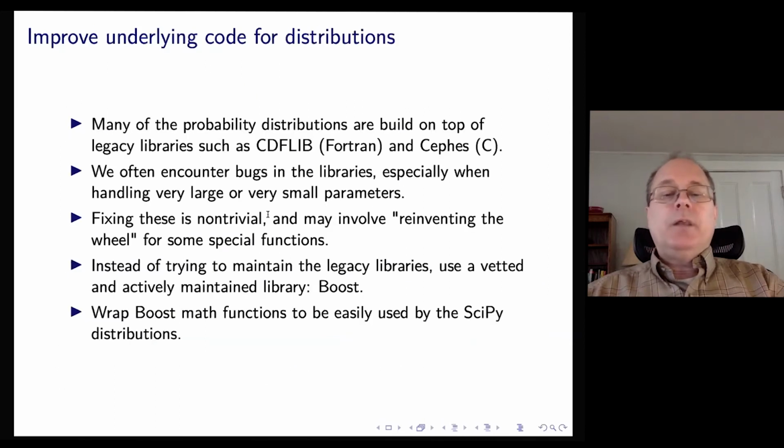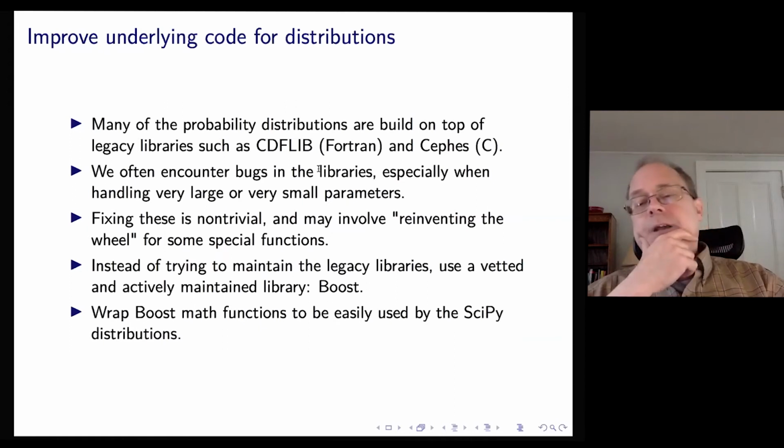One more important thing that we're working on: a lot of the functions in SciPy are built on special functions, and the SciPy special functions library is built on some legacy libraries such as CDFLIB, which is written in Fortran, and Cephes, which is written in C. We often hit bugs in these libraries, typically when we're trying to push the limits of large or small parameters.